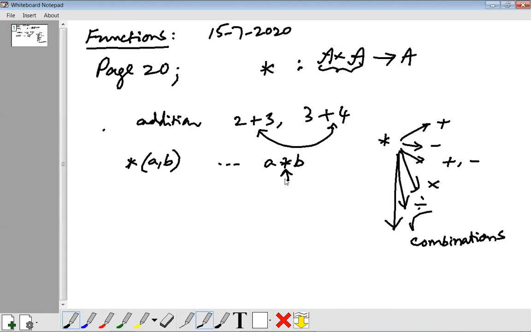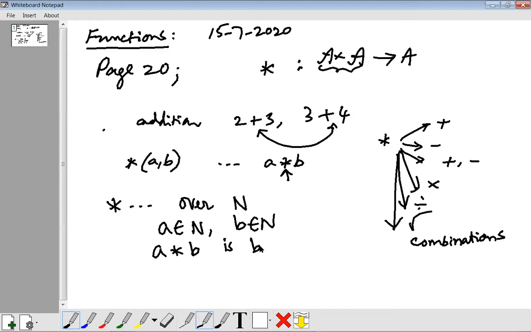So set of numbers, whatever we are actually taking in, for example, 1 plus 2, and we are saying on the natural numbers. I'll give an example for this. I am defining this operation over natural numbers. That means A belongs to natural numbers, B belongs to natural numbers, and we want to see what happens to A star B, whether A star B is binary or not.